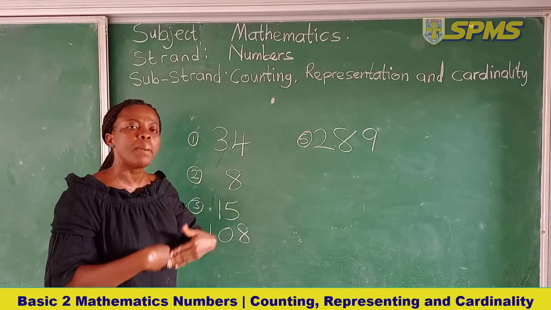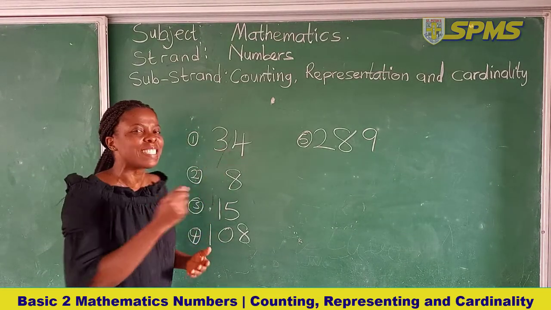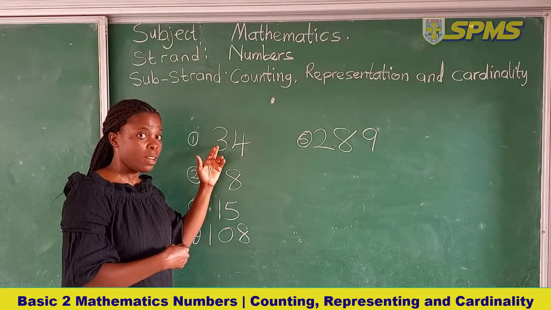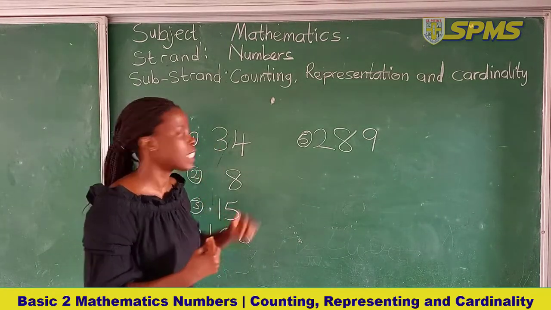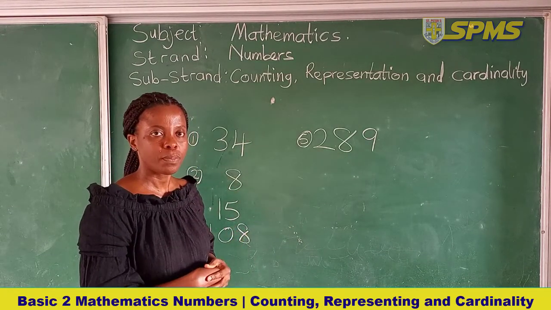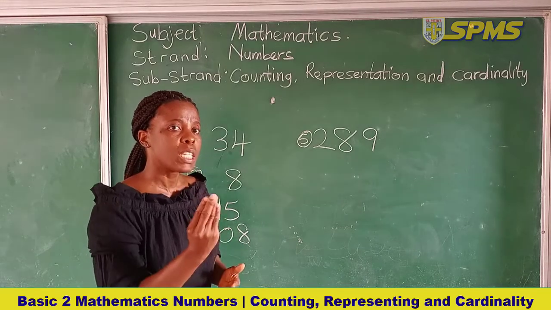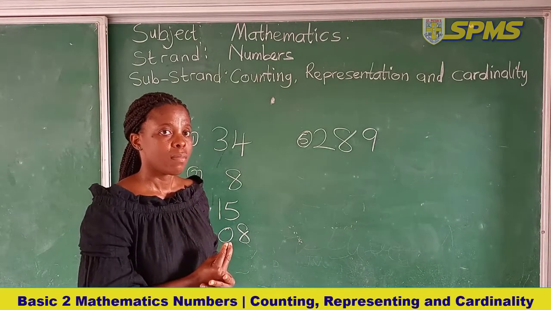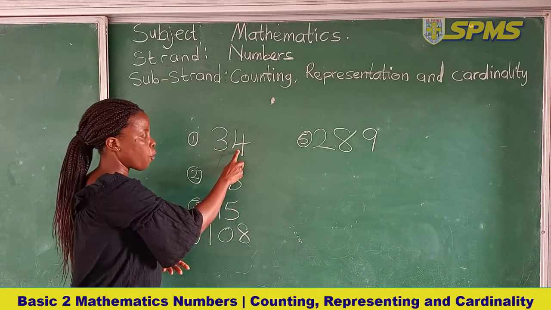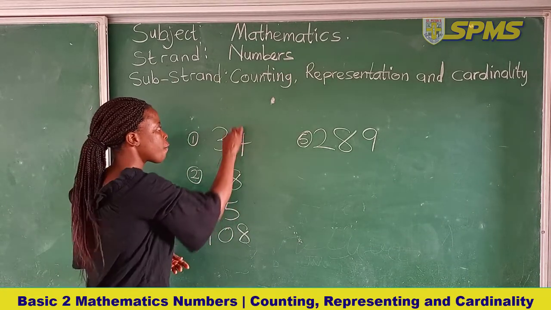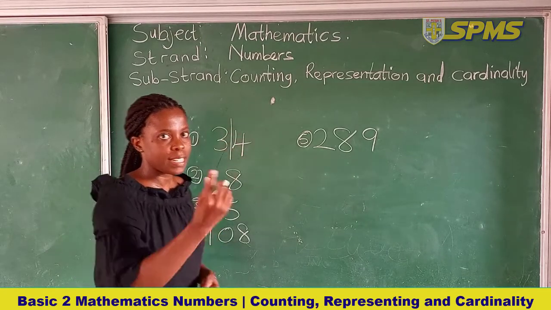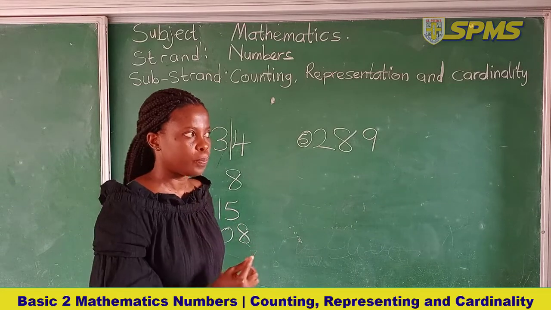But we are looking for the place value of each of the digits. That is the place value for the digit 3 and the place value for the digit 4. They all have their place value. Now we start from the smallest units, from our right hand side, which is 4. If you take 4 alone, it is a digit because it's standing alone.